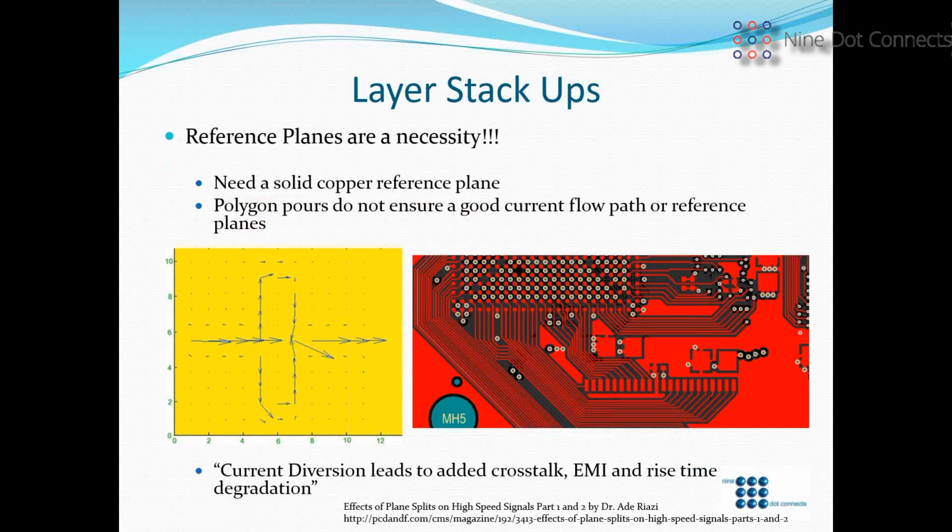And that's necessary because of the amount of energy that's going from point A to point B. It's got to basically be dispersed, right? What they show over here, and again, if you go back to Dr. Riazi's article, what he did was he says, okay, we're going to take a piece of copper out of here and show what happens when you have a trace that's going high speed and where the currents have to basically redirect or go in order to compensate for that.